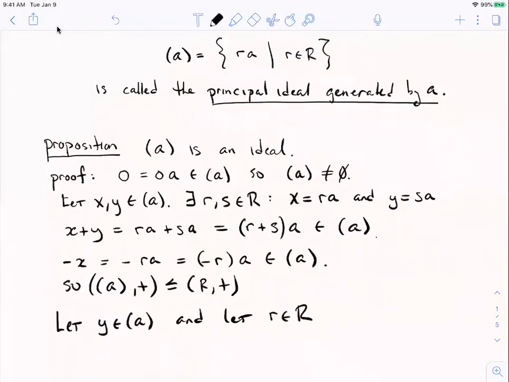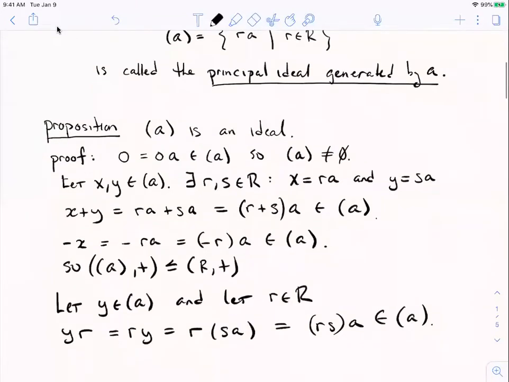One of the things I have to convince you of is that R times Y is again in parentheses A. Well, R times Y is R times S times A, recycling our notation from above, and that's RSA by the associative law in the ring. And that, again, is clearly an element of parentheses A. And then the last part of the proof would be to show you that Y times R is also in there, but Y times R is R times Y because our ring is commutative.